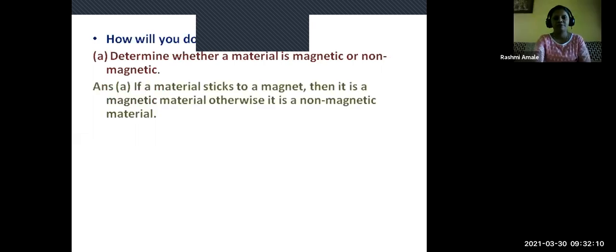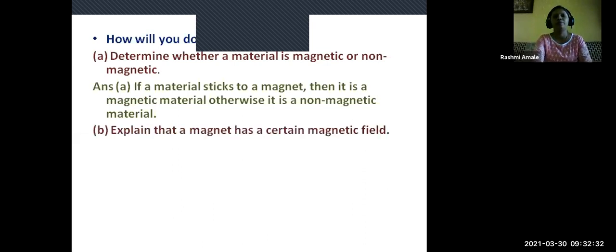Very good. If a material sticks to a magnet, then it is a magnetic material. Otherwise, it is a non-magnetic material. We can bring any magnet near that material, not necessarily a bar magnet. If that material sticks to the magnet, it is a magnetic material. Otherwise, it is non-magnetic.